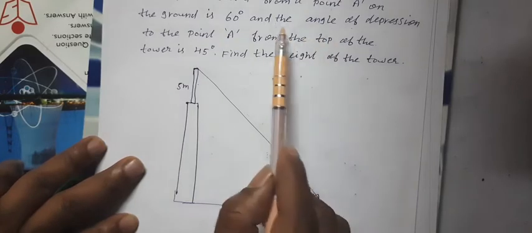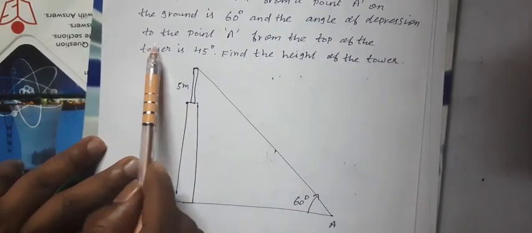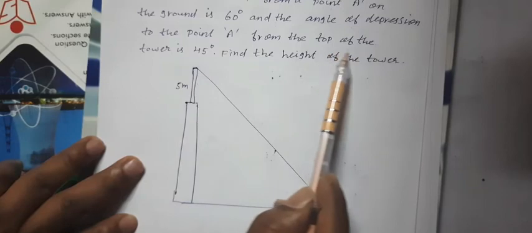And next, the angle of depression to the point A from the top of the tower.